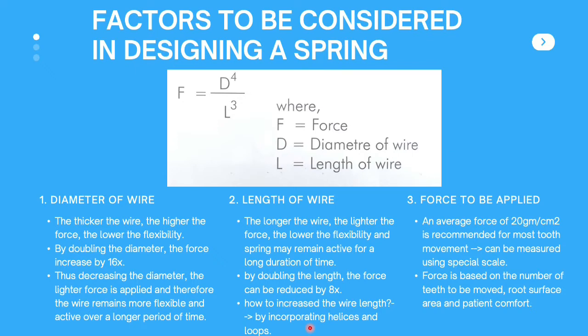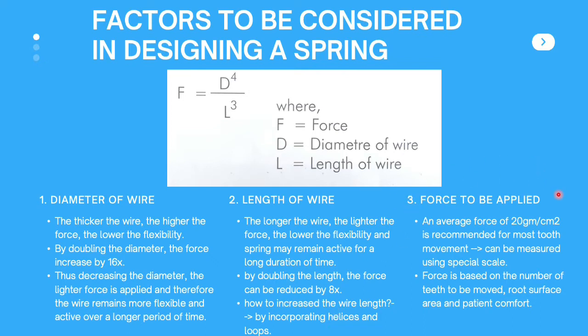As I said before, incorporating the helix will increase the wire length, and the wire diameter is 0.5 mm, which is thinner, and therefore it will increase flexibility and deliver lighter force, and can remain active over a longer period of time.